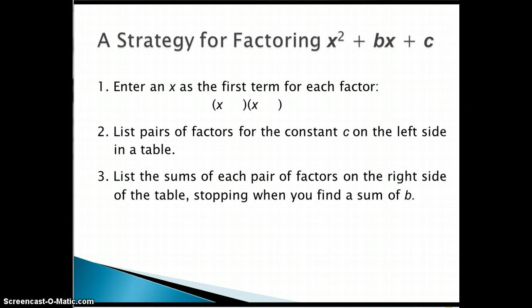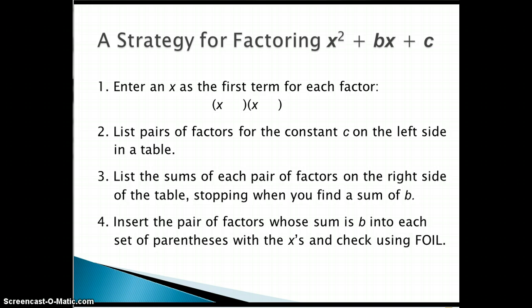Once we find the sum of b, we can stop listing pairs of factors. Those are the two numbers we use to finish our factoring. We insert them into the parentheses with the x's, and then we can always check our answer using FOIL.